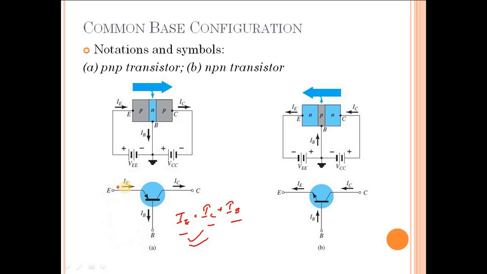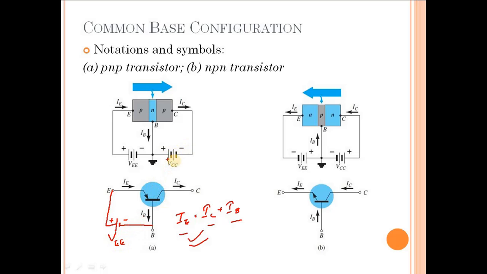Obviously, if the current is in this direction, the DC power supply polarity must be like this, and this is what appears here, plus minus. Only this polarity of VEE will ascertain an IE current in this direction. So we have made out what should be the polarity of VEE.